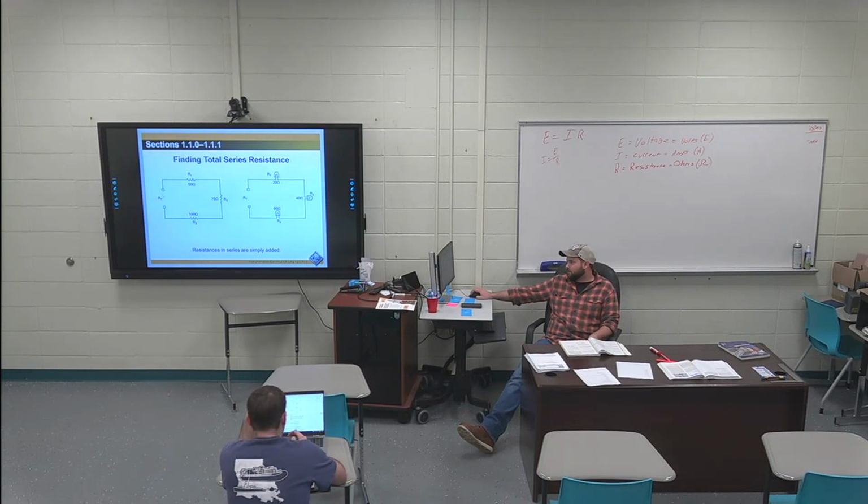So if I was finding my resistance total for these three resistors, what would my resistance total be? 225. Does everybody go with that? Resistors in series, you just add them up. I have the highlight on page 2, resistance total, or RT, equals R1 plus R2 plus R3. So if you have resistors in series, you just add them up.